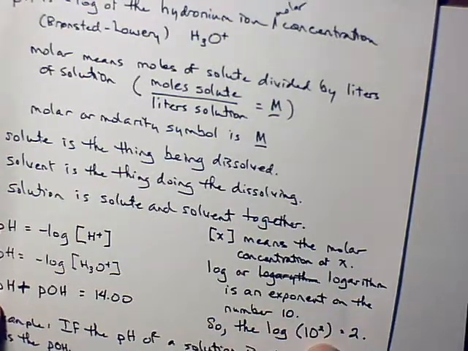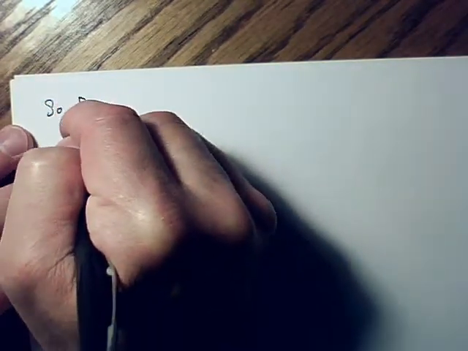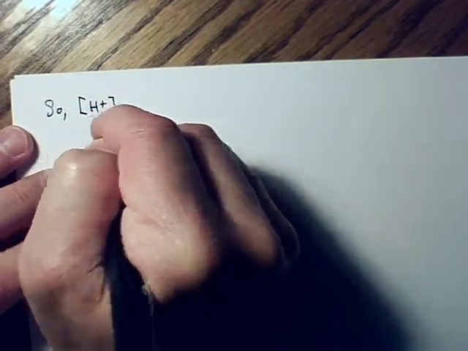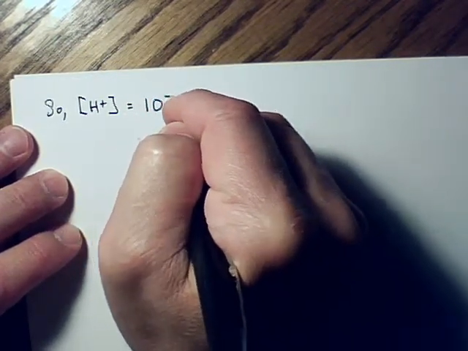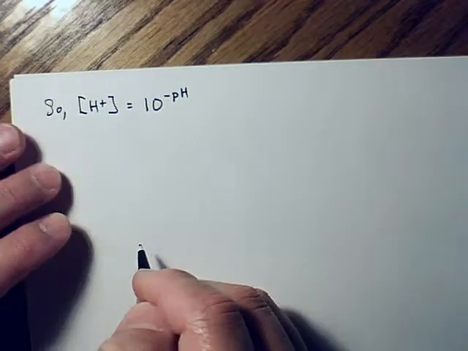Remember, a logarithm is an exponent, right? So the molar concentration of H plus is equal to 10 to the negative pH.